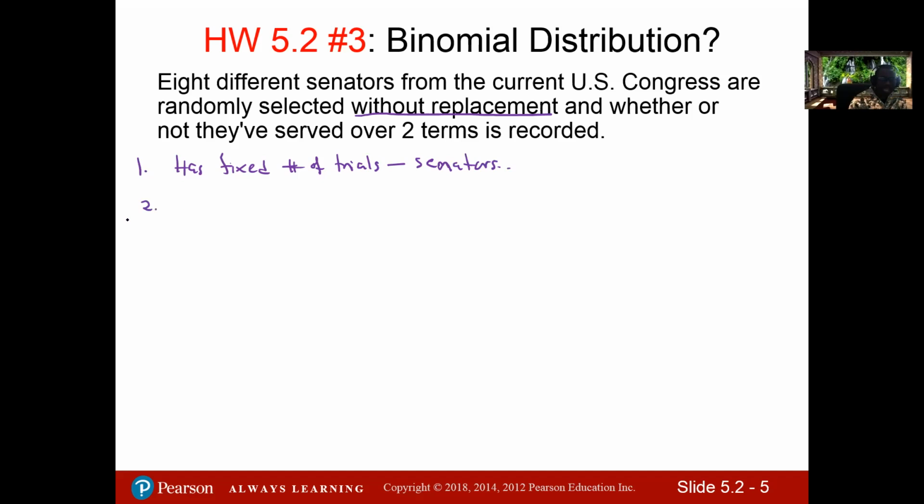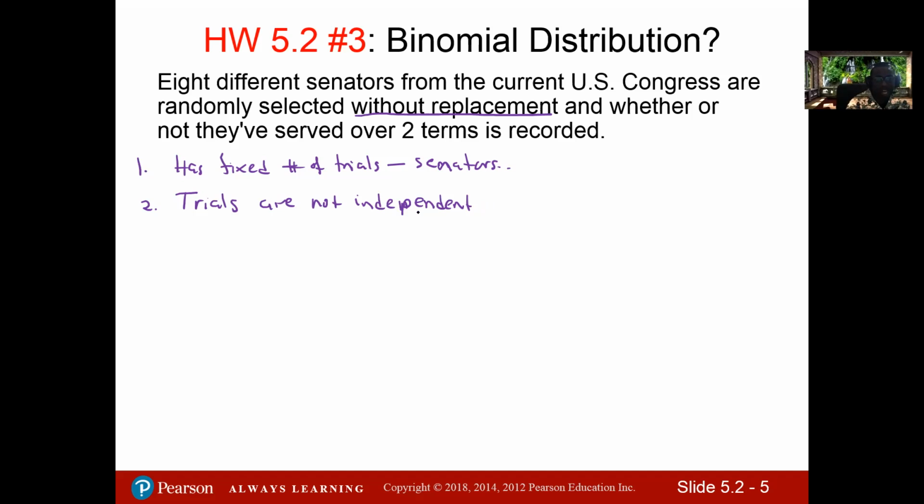2, are the trials independent? No. The trials are not independent. Why? Because the selection is without replacement.